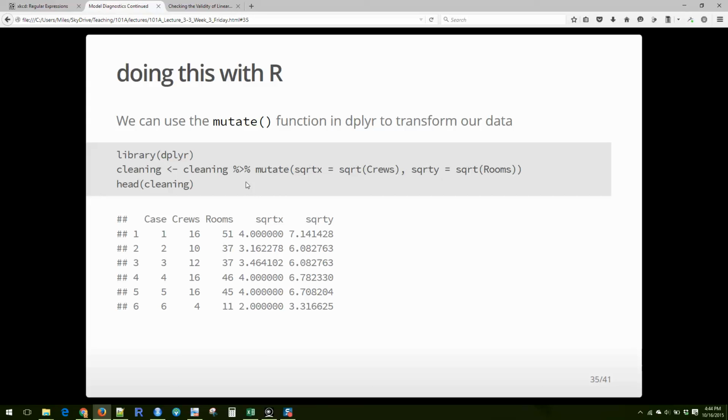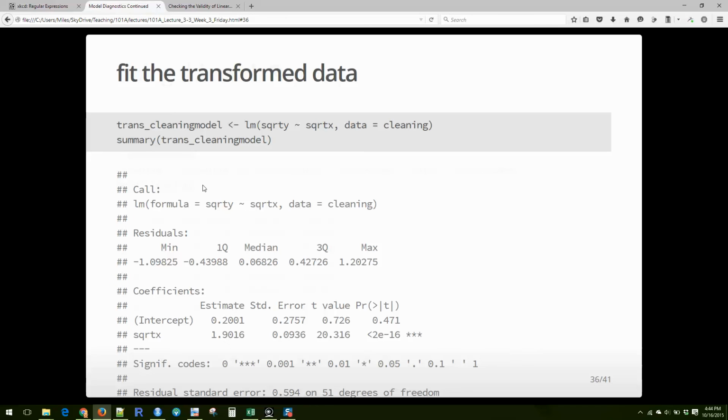I think there's a command in R called transform, but I think the dplyr version is very straightforward in terms of how this works. Now that I have this, I can fit a new linear model.